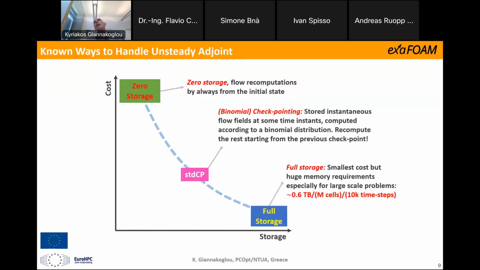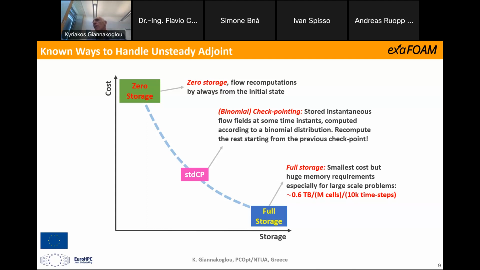What are the known ways right now to handle the so-called unsteady adjoint, which is a real challenge to all people working in this area? Practically, there are three known ways to do the job. The first one, you see it on the right, is to work with full storage, which practically means that you are going to store all the instantaneous fields computed during the forward in time integration of the flow equations.